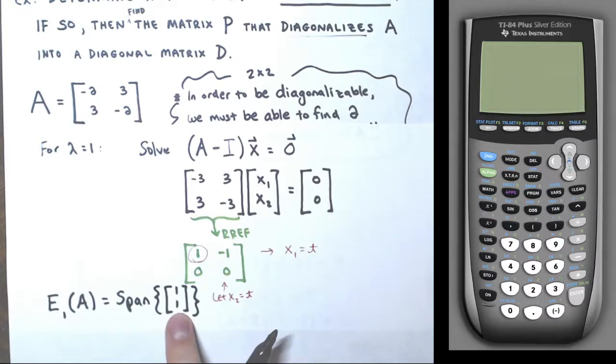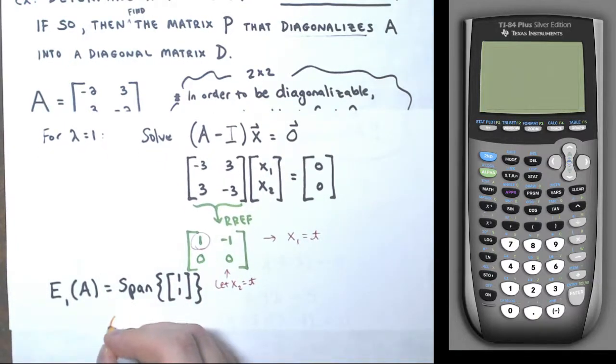This set with the vector 1, 1 in it is a basis for this space, and I'm just going to use that vector in my eigenpair. Again, I'm just using the basis vectors that I clearly see. You could use 2, 2 or 3, 3 if you wanted. You can use any multiple of this in the space, as long as it's not the 0 vector. The 0 vector is not an eigenvector.